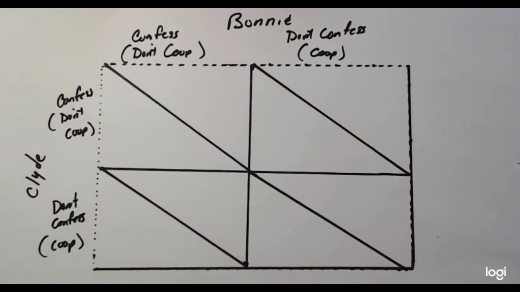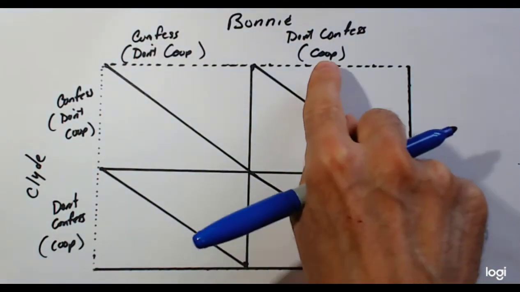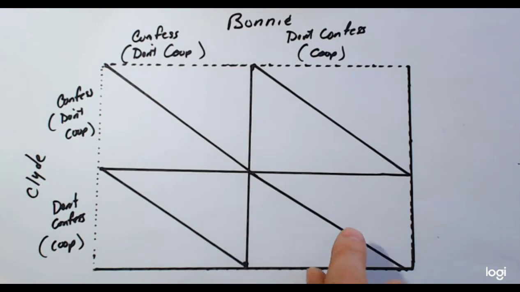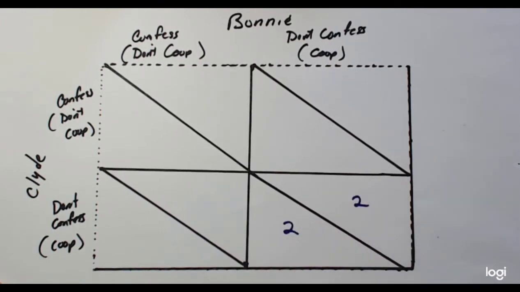So let's fill out the table according to what's given in the situation. And look, if they both don't confess, in other words, they cooperate with each other, not with the police, but Bonnie and Clyde cooperate with each other while they're being separately interrogated, so implicitly they cooperate, they each get 2 years. Because the police have enough information to give them 2-year prison terms.